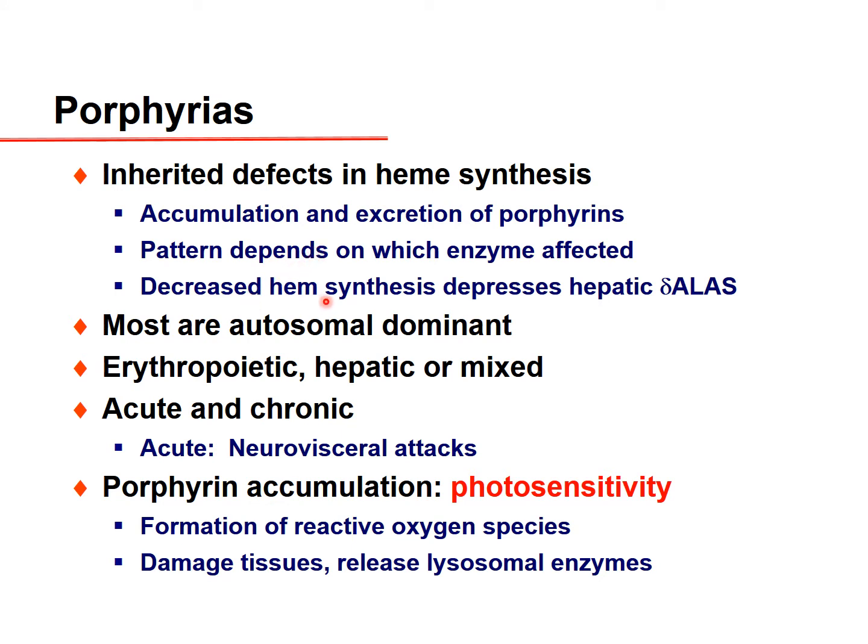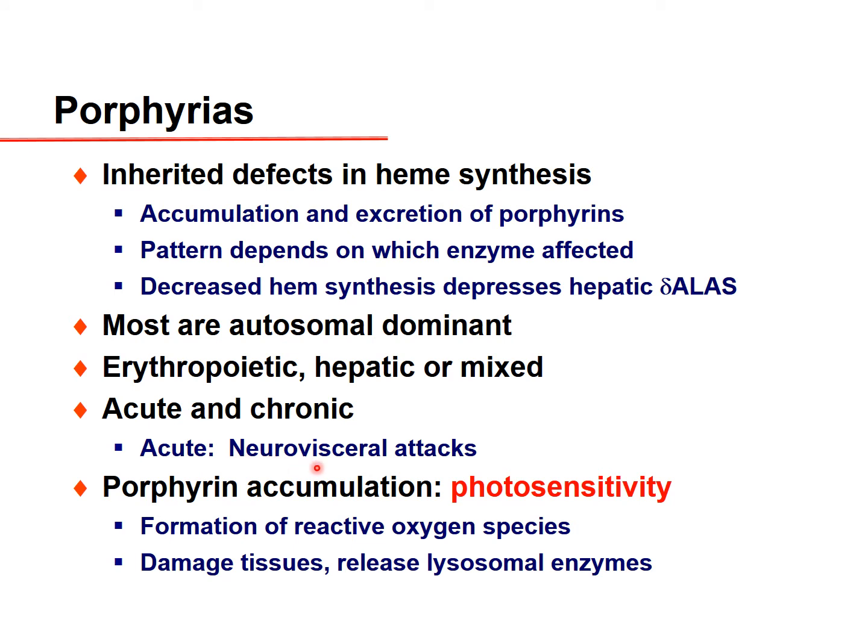In decreased heme synthesis, for example decreased hepatic delta aminolevulinic synthase, these are more commonly autosomal dominant hereditary disorders. That can influence only the erythropoiesis, or be hepatic, or a mixed form of these two. It can be acute and can be chronic.